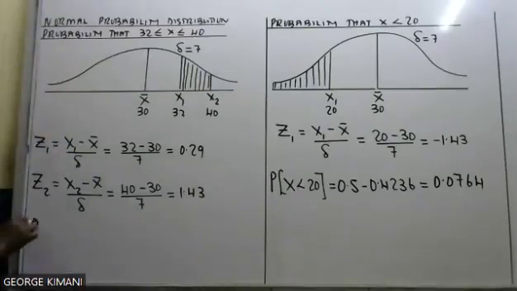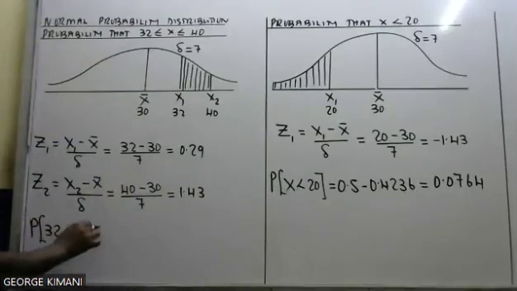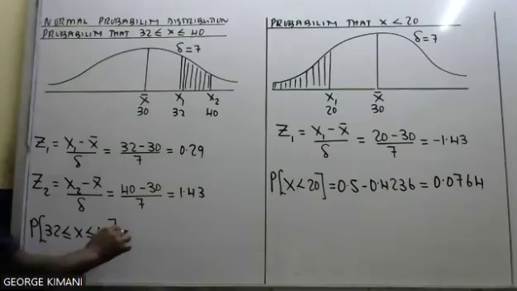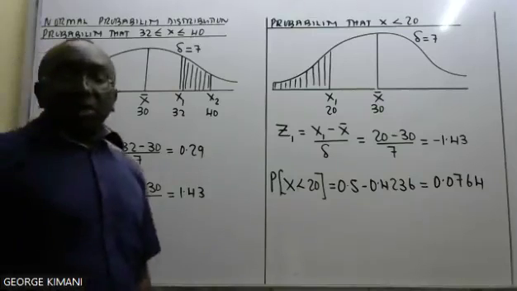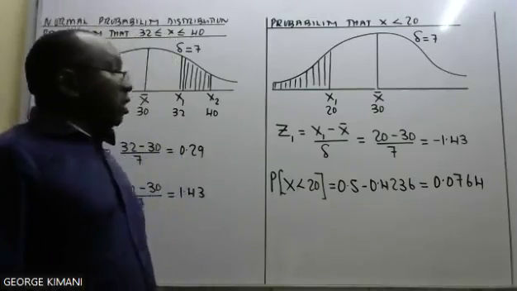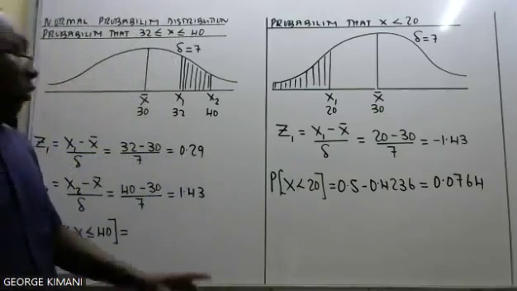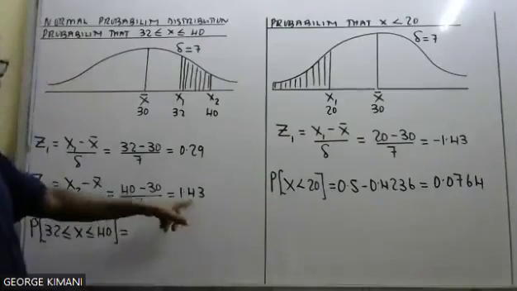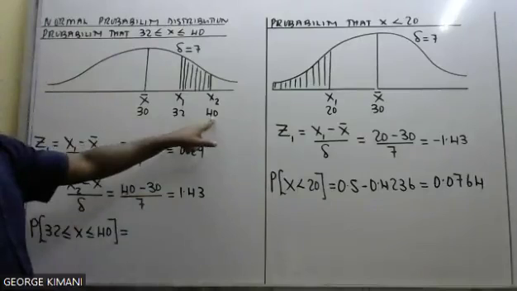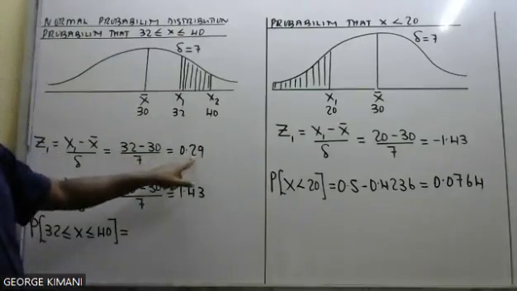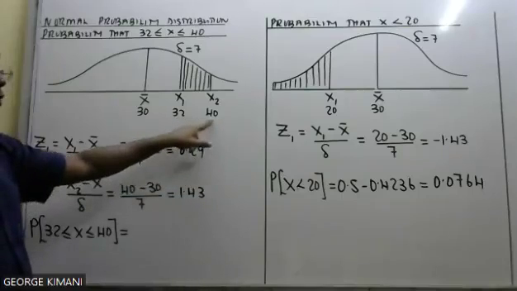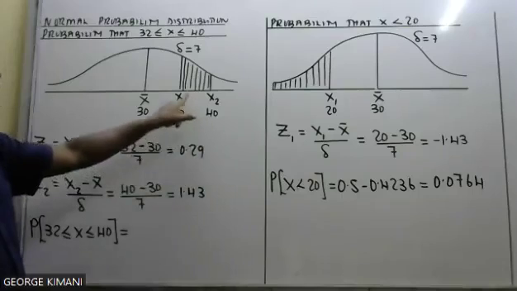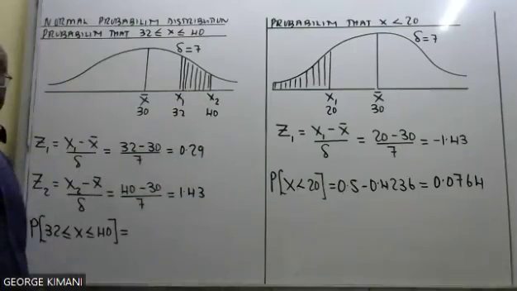So probability that we are between that 2 and 40. So look here. When we go to the tables, when you read this 1.43, it will be the probability from 30 to 40. When you read this 0.29, it will be the probability from that 2 to 30. So for you to get your desire, you will subtract.